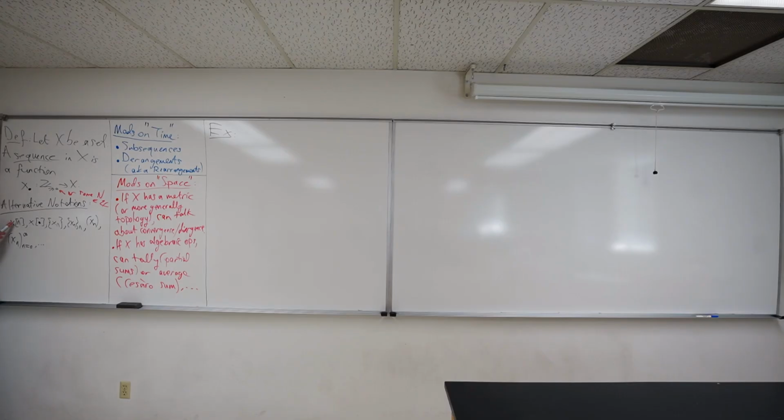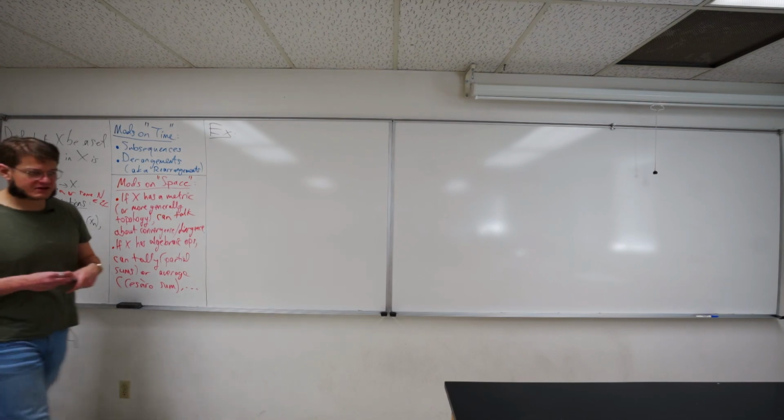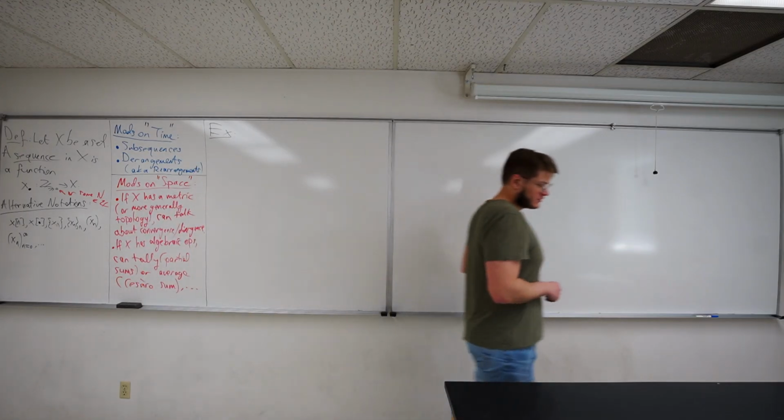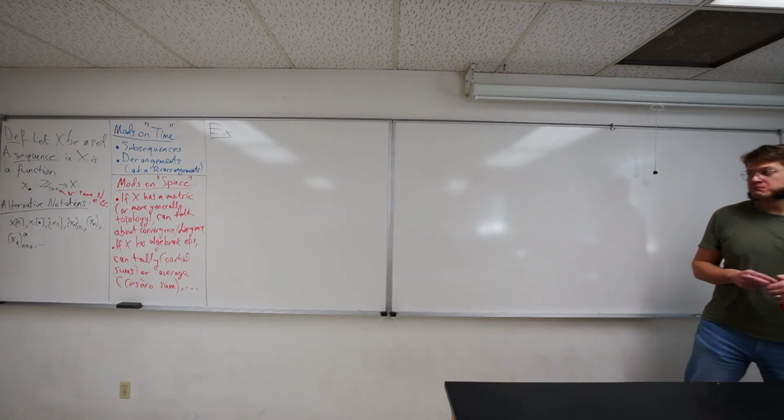You could see X bracket n, or X bracket bullet, or X sub n in curly braces, or X sub n in parentheses with n going from 0 to infinity. There's a bunch of notations. I tend to like this one more, and as time goes by, I'm going to try to justify why this could be a nicer notation.